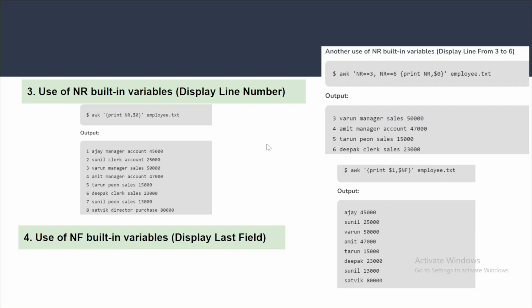If you are interested in the last index, you can simply use NF. For this example the last index is 4, so I would have to write $4, but instead of $4, the alternative is NF. So here awk print $1 means the first field information, and $NF means the last field information.